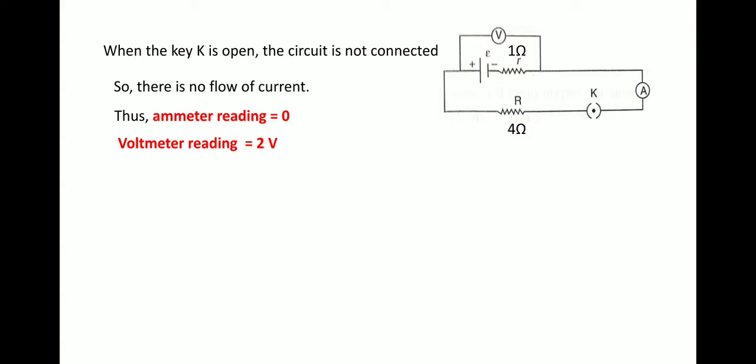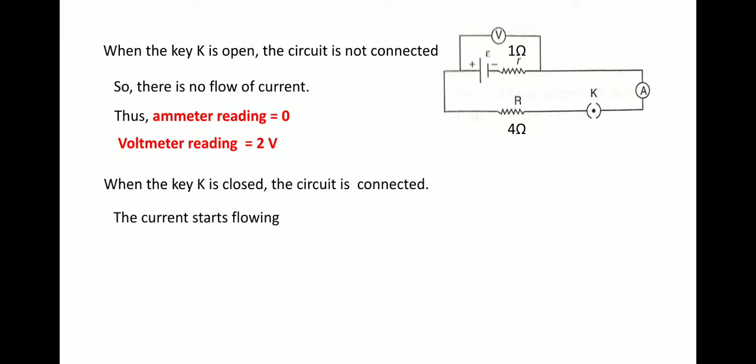Now if the key K is closed, when this is connected, then the circuit is connected, and the current will start to flow through. When the current starts flowing, it has to flow through the external resistance of 4 ohm, and again through the internal resistance of 1 ohm, and these two resistances are connected in series.